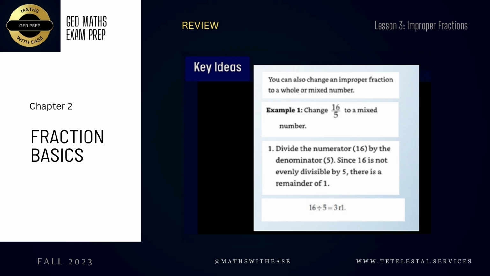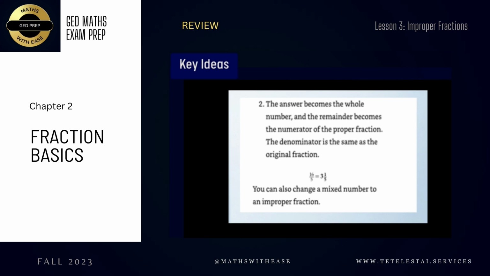So you can either write your answer this way, 3 remainder 1, or you can write it as 3 and 1/5. Okay, so pay attention to what the question is asking you, or how the question is asking you to represent your answer. Okay.